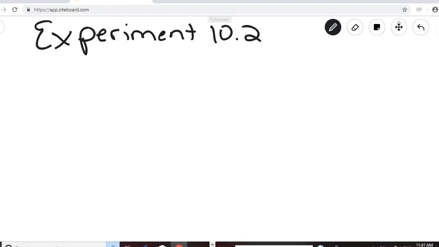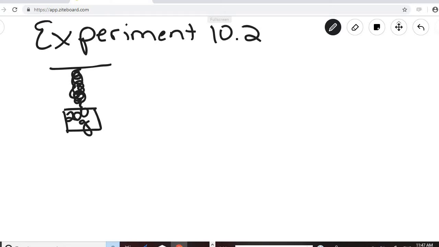So in this experiment, we're going to have a spring, and you're going to have a mass hanging from that spring, and it doesn't really matter. I think your book has you use a mass that's 200 grams, but that doesn't really matter at all, really.